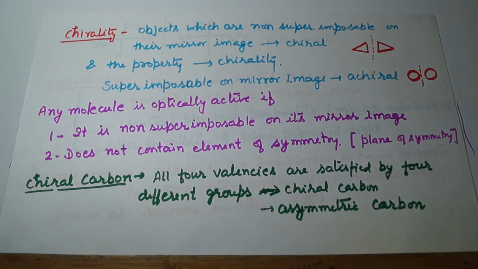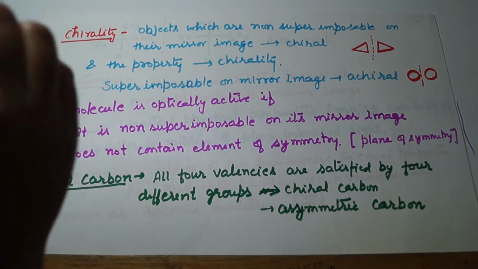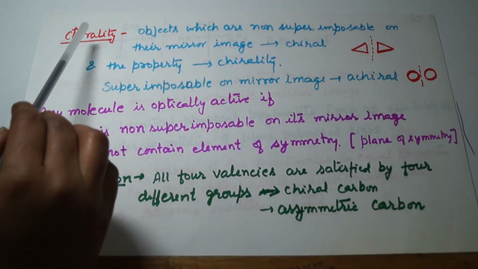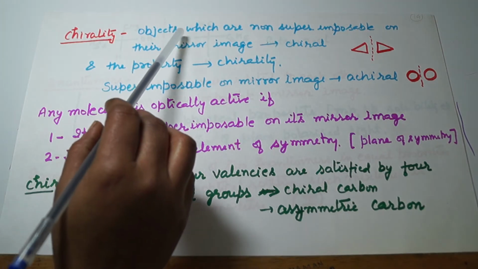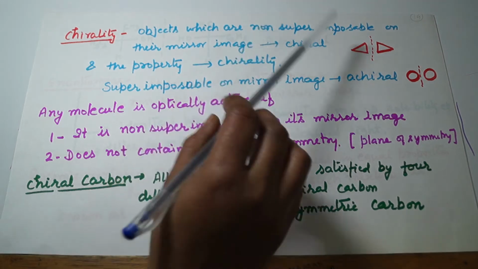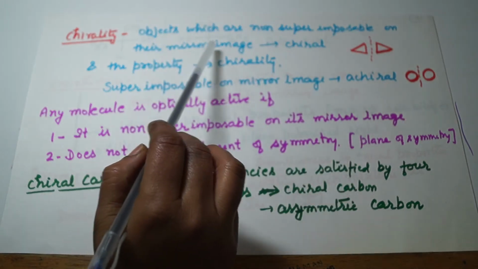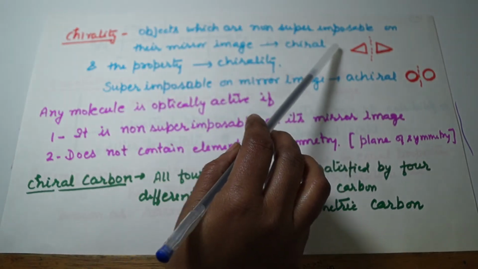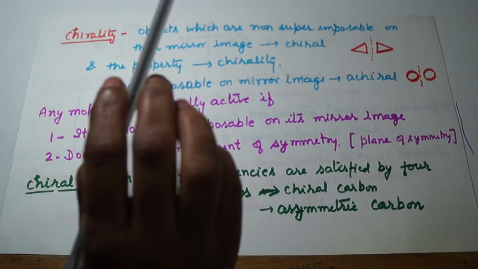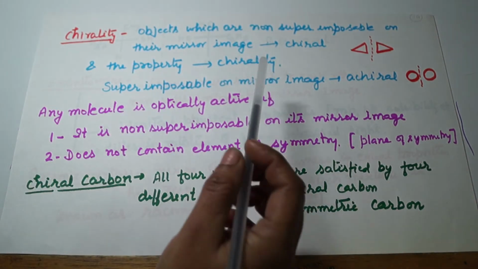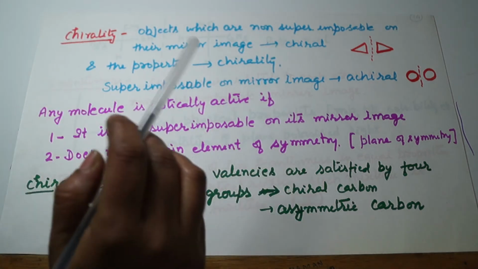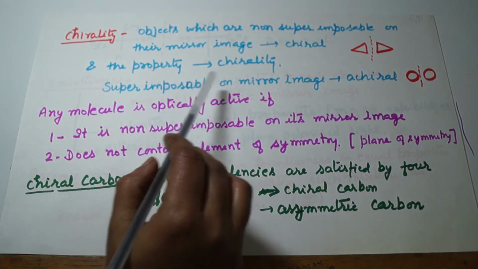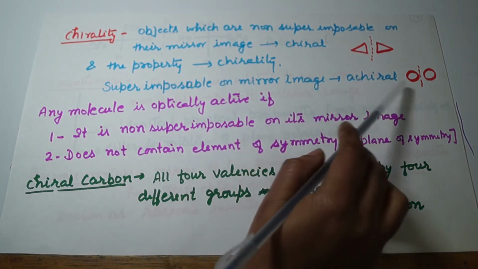The next concept you should know is chirality. Any object that is non-superimposable on its mirror image is known as a chiral molecule or chiral object, and the property is known as chirality. Any object that is superimposable on its mirror image is known as achiral.